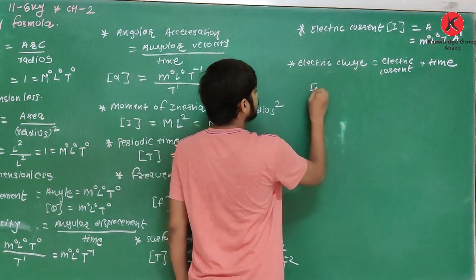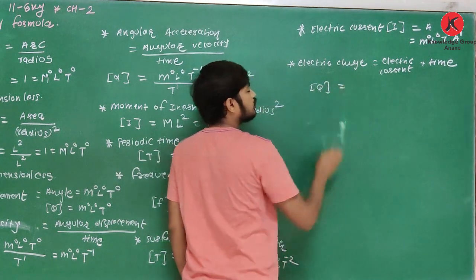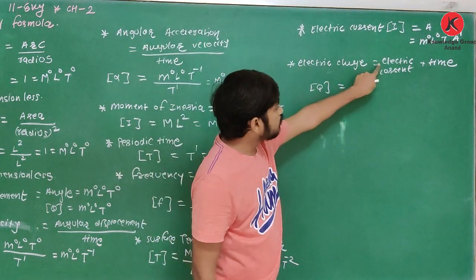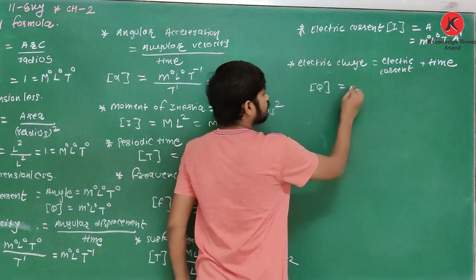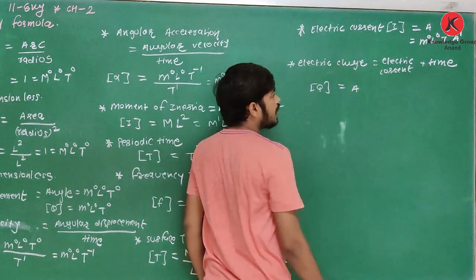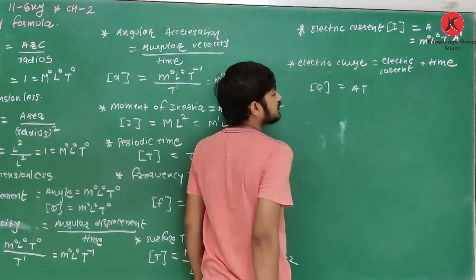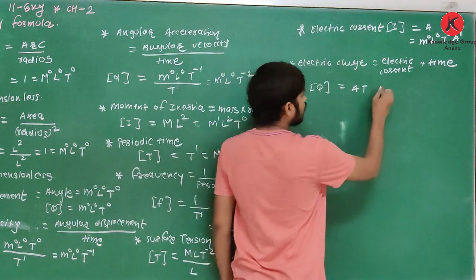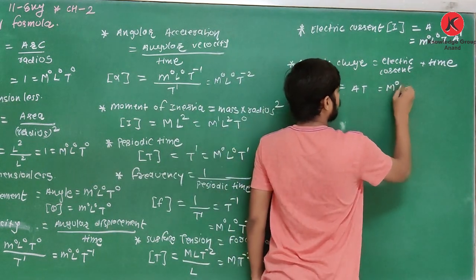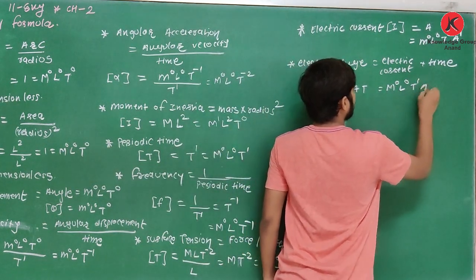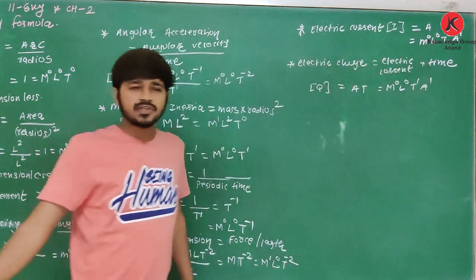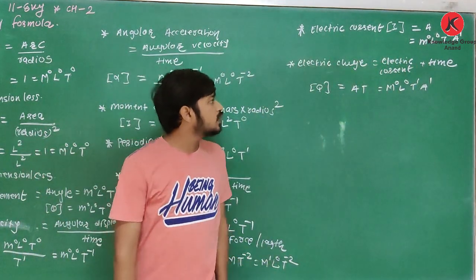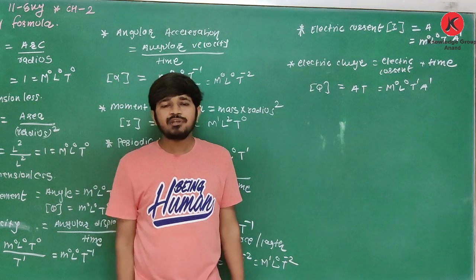Electric charge is denoted by Q, so its dimensional formula is equal to dimensional formula of electric current, which is A, times dimensional formula of time, which is T. So it is AT, or you can write M0, L0, T1, A1. Simple. So yes, it is dimensional formula of electric charge.